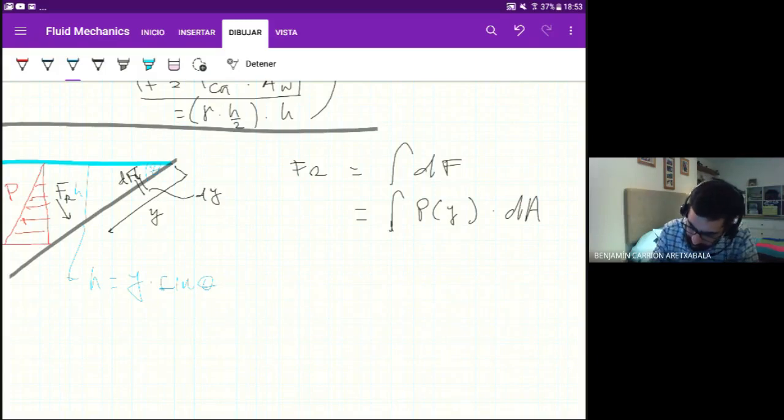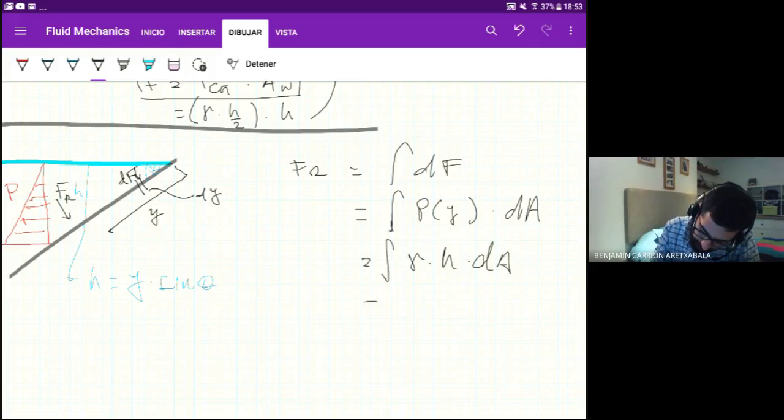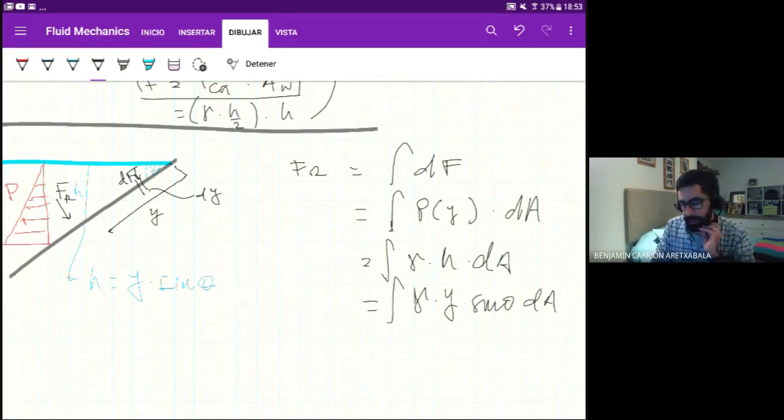So it's going to be the integral of gamma times the height, h dA, and we know h is just y sine theta, dA. This is the resultant force, and dA is the generic differential for the area. In this case it's only the y, but the general case is just dA.